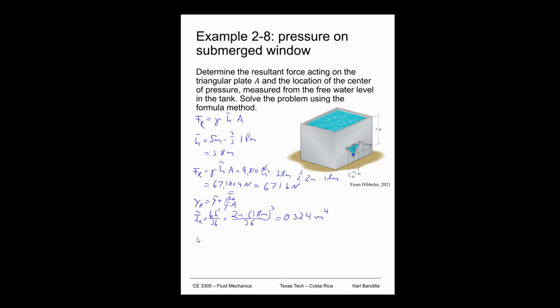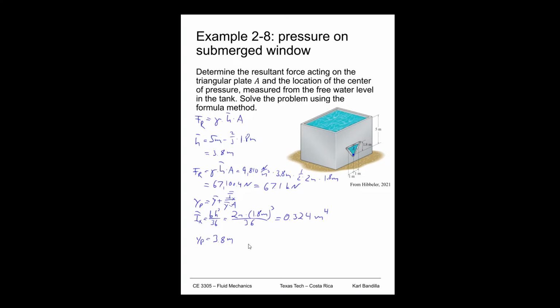That means we can now plug the value in for y_P. We already know that the depth is the same as how far down the center is, so that'd be 3.8 meters.